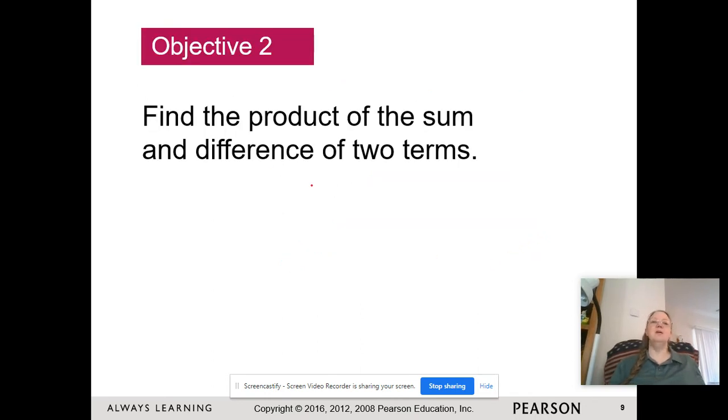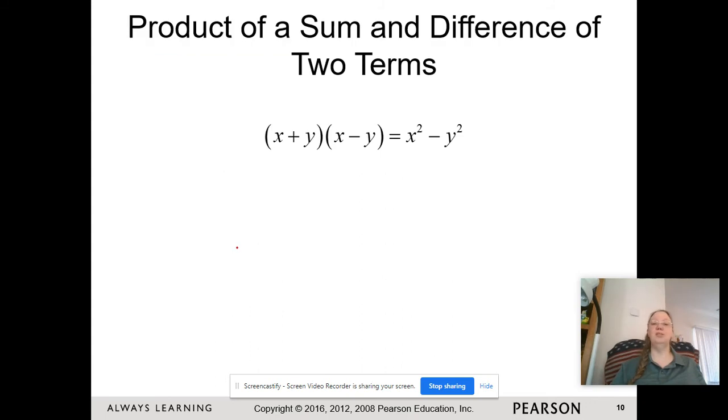Okay, this one right here is super important. We use this a lot. If we have 2 binomials where this number is the same as this one, and this one is the same as that one, and one is a plus and one is a minus, then we're going to end up with x squared minus y squared.